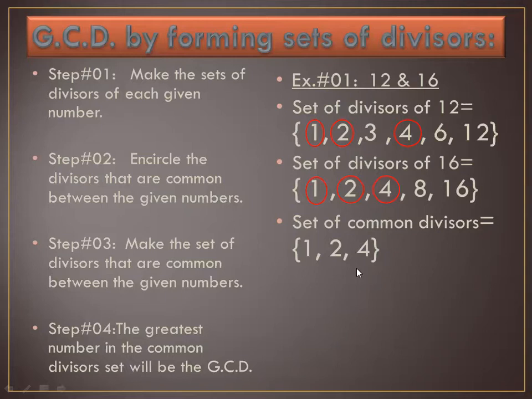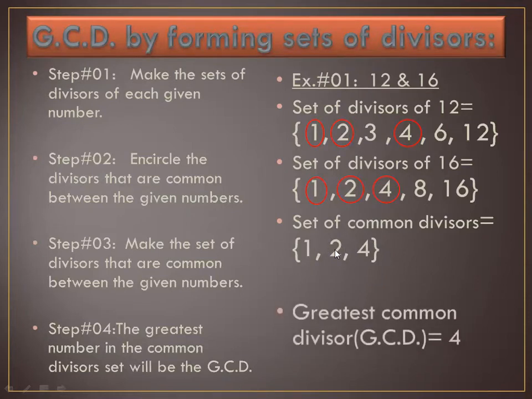So the greatest one is 4. 2 is lesser than 4 and 1 is also lesser than 4. That's why 4 will become your GCD. So 4 is your GCD, meaning this is the greatest common divisor of 12 and 16. Understand? This is the method that we call the forming sets of divisors method.